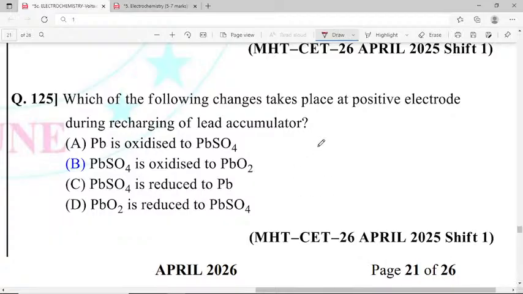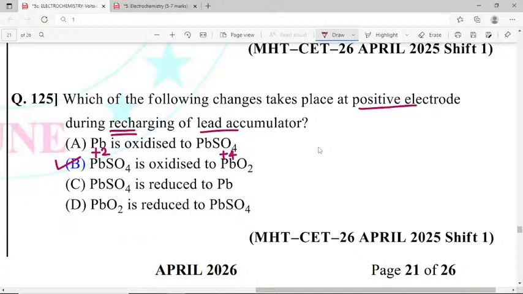Which of the following changes takes place at positive electrode during lead accumulator? So very important, Pb2 plus gives Pb plus 4 during recharging.